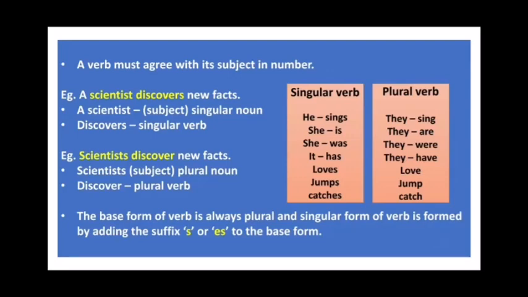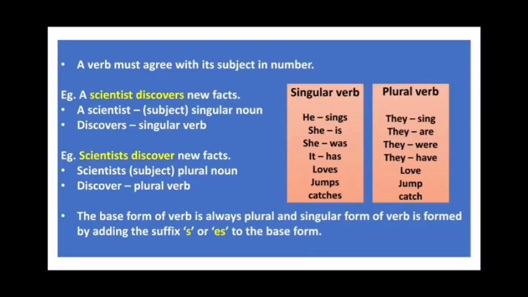Next example, scientists discover new facts. Now here we have the same sentence, but you can see in scientists, the S is added to scientist. So scientists is the subject, but here it is the plural noun because we have S added to it, and discover is the plural verb.